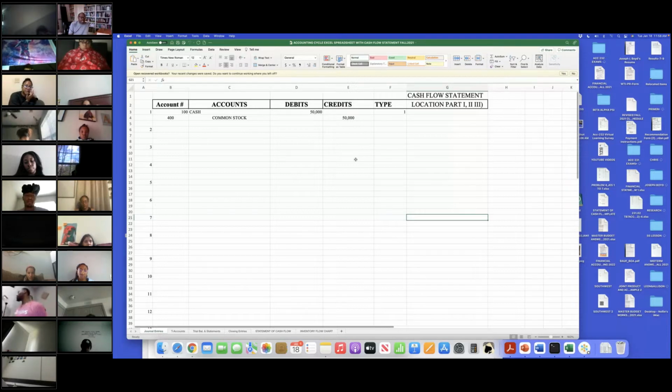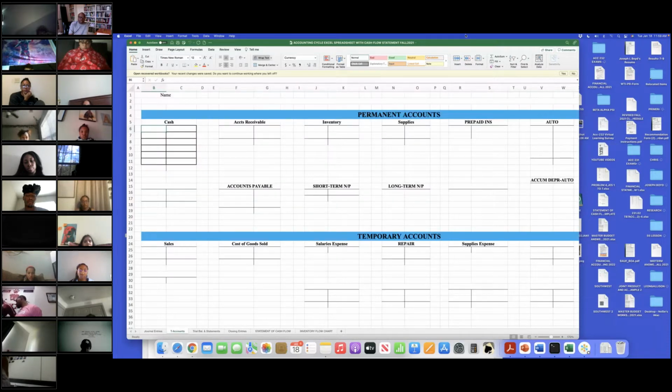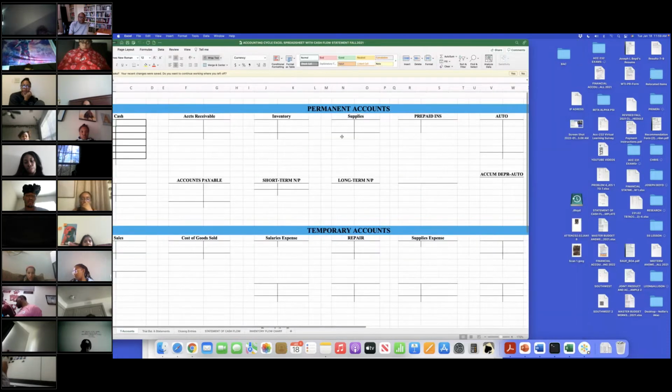In the first sheet are the journal entries. The second sheet are the T accounts. And there are two sets of T accounts, the permanent ones and the temporary ones. The permanent ones are the balance sheet accounts. The temporary ones are dividends and the expense accounts.